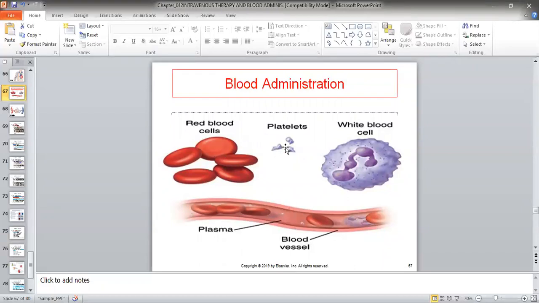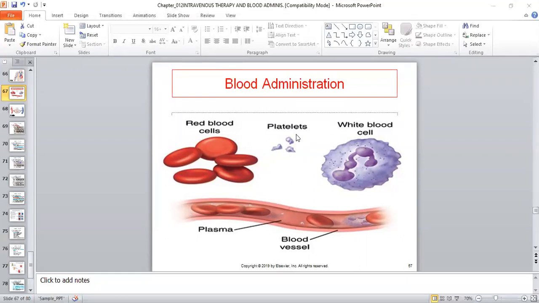Platelet is very important for blood clotting, right? If anybody is bleeding, the bleeding will be stopped if your platelets are activated. If there is a deficiency of platelets, so the white blood cell basically works as an immune cell or defense system.